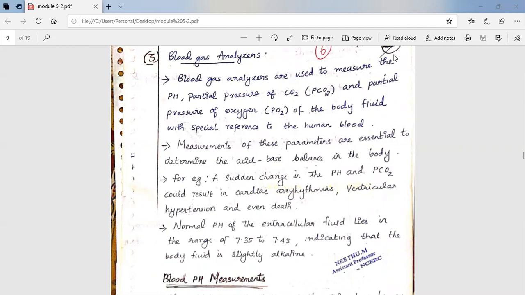As we all know, in our body, the acid-base relationship should be maintained.